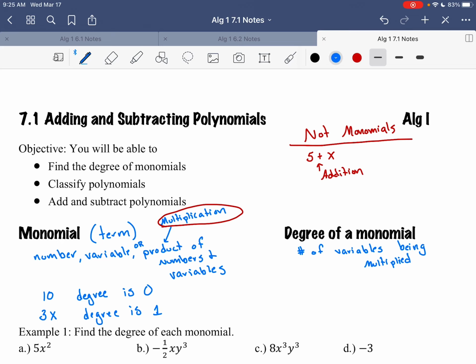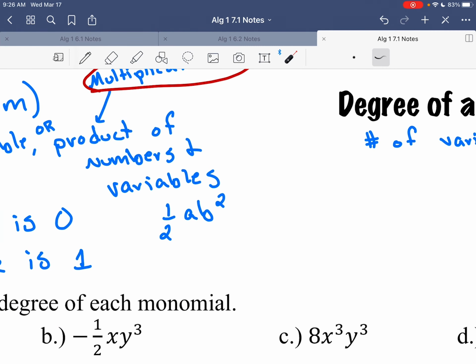So that is not a monomial. Another monomial or term, 1/2 a times b to the second. It's a number and variables and the product of them, because here we're multiplying.